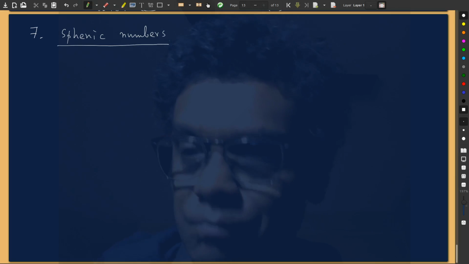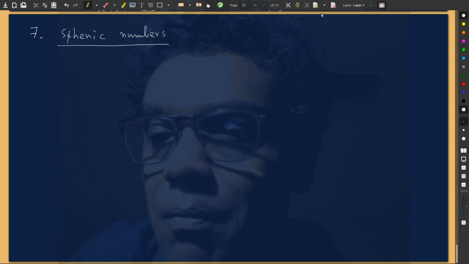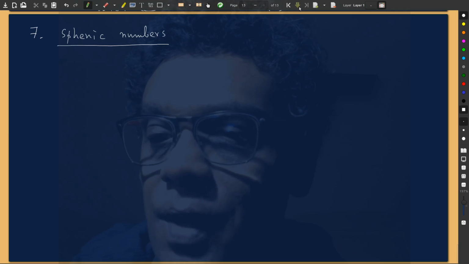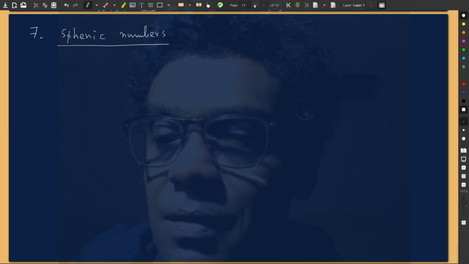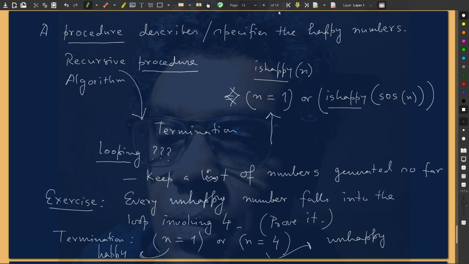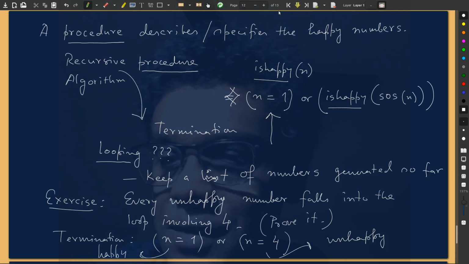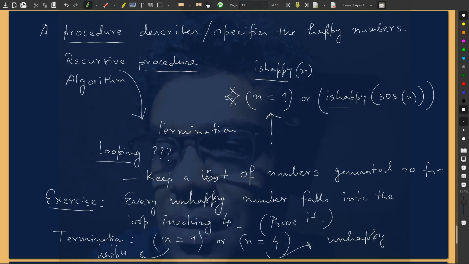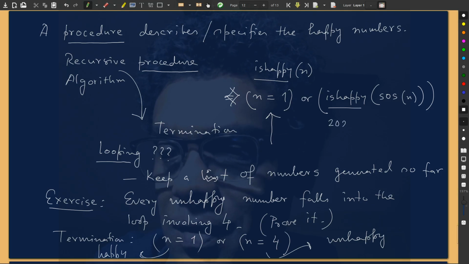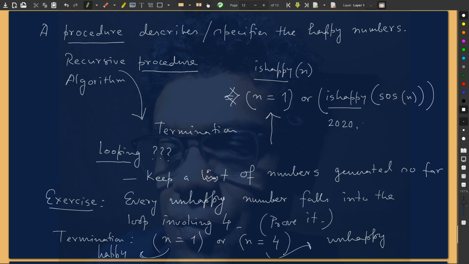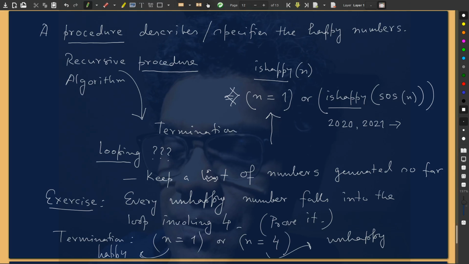Incidentally, if I just go to the previous page, we may simply ask the question: which years are lucky? Is 2020 a lucky year? We definitely know it is not. Unfortunately, 2021 is also not happy.